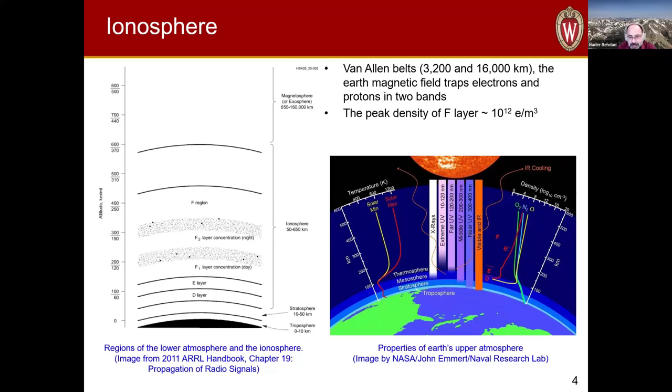What we're looking at in this picture is a snapshot of planet Earth and the atmosphere around it. On the right-hand side, this is Earth, and then we go up in the atmosphere, with different layers: troposphere, stratosphere, mesosphere, thermosphere, and so on.